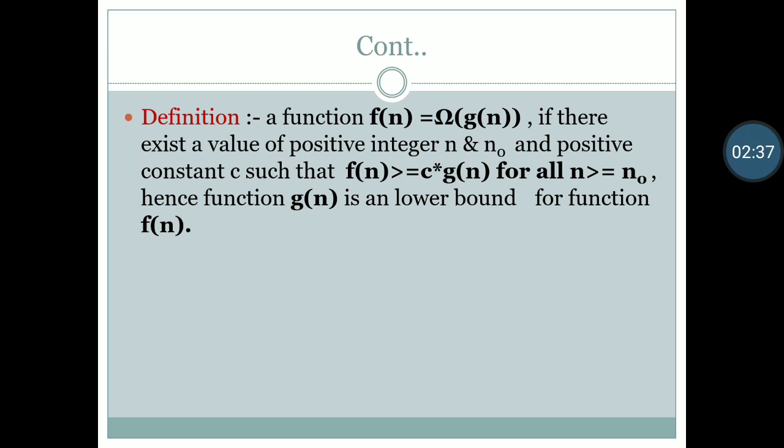Hence, function g(n) is a lower bound for function f(n). As with big O notation, the only change in the condition is that our function should be greater than or equal to c·g(n), whereas in big O the condition was that it should be less than or equal to c·g(n).